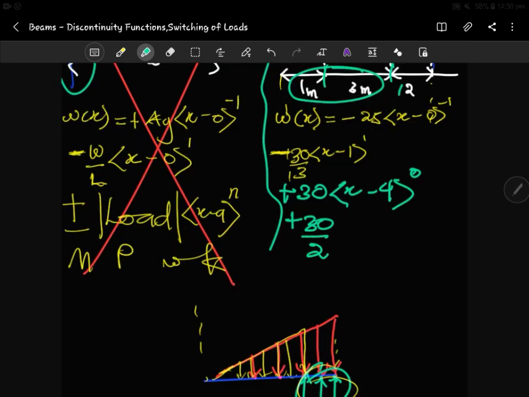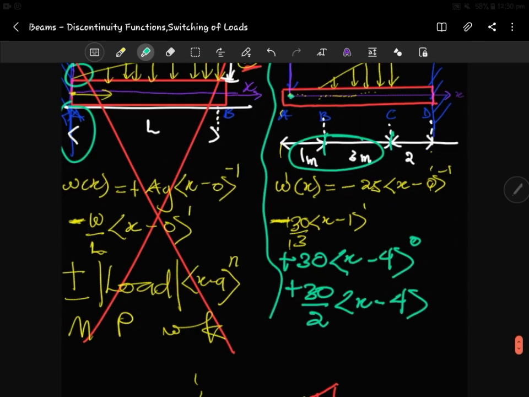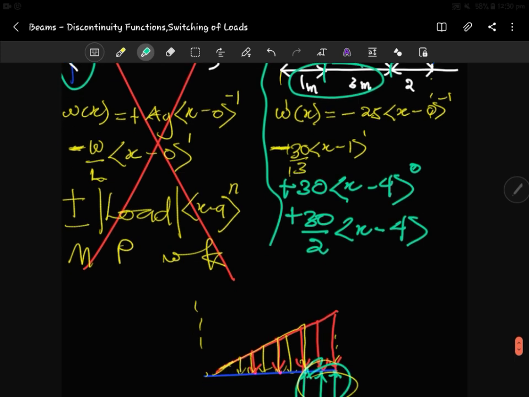Let me clean this. Macaulay bracket x minus 4, it also starts at 4 with respect to the origin, and it's linearly distributed, so that makes the exponent 1. So you are done with the counter.